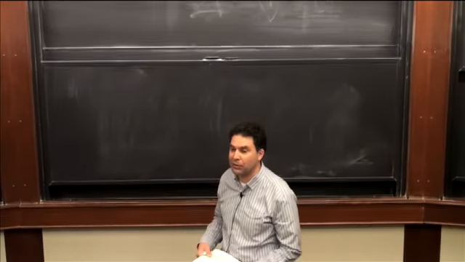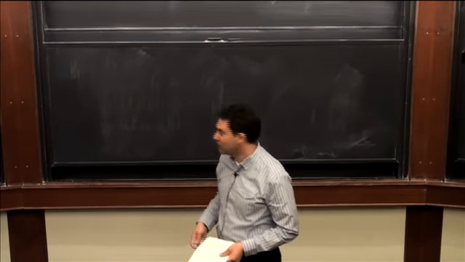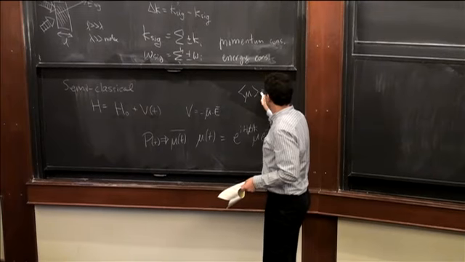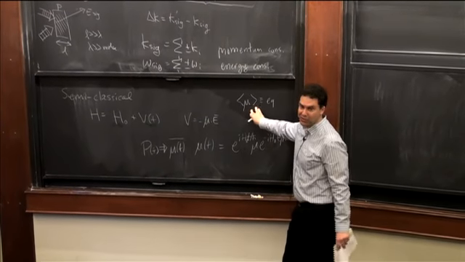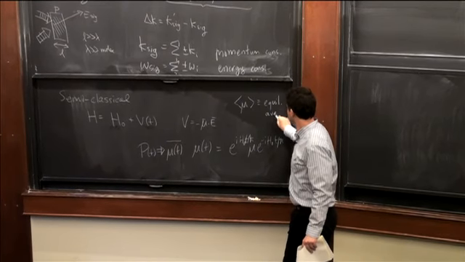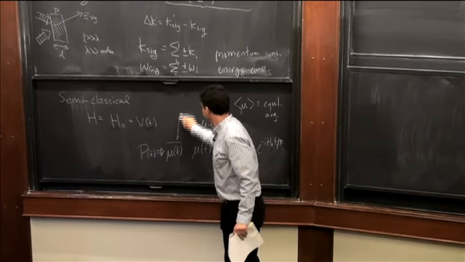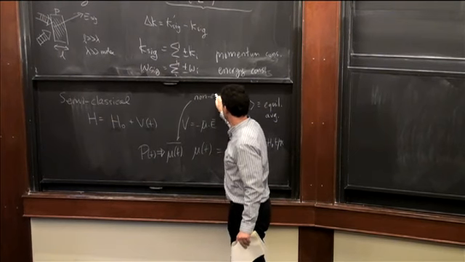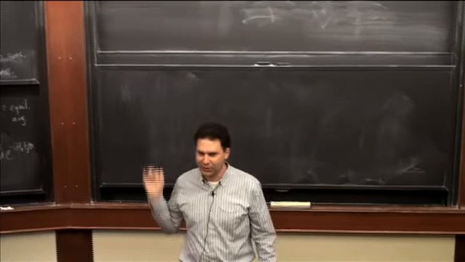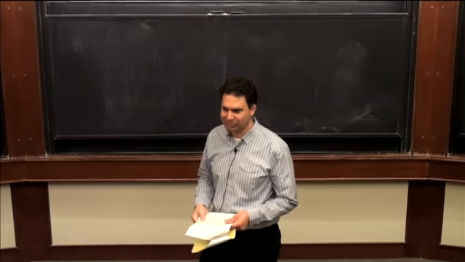I'm using the bar for non-equilibrium, because I want to use the brackets as an equilibrium average. But it's basically how the dipoles respond after you hit the equilibrium system with the light.